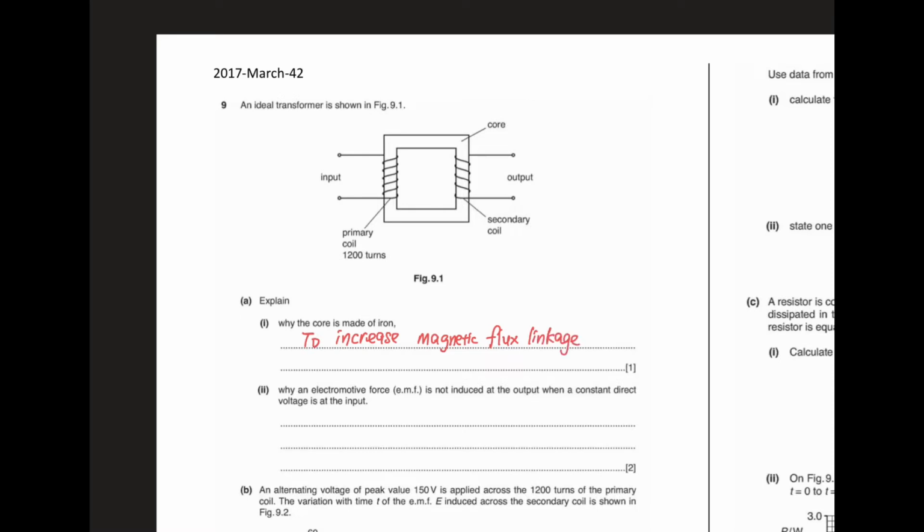If you're wondering when you should use magnetic flux linkage, it is when the magnetic field cuts the conductor and induces EMF. So it is used when EMF is induced. To increase magnetic flux linkage with the secondary coil.